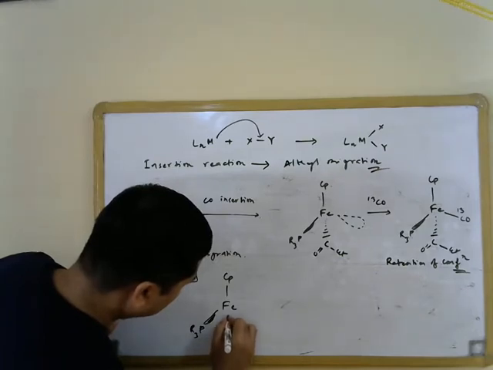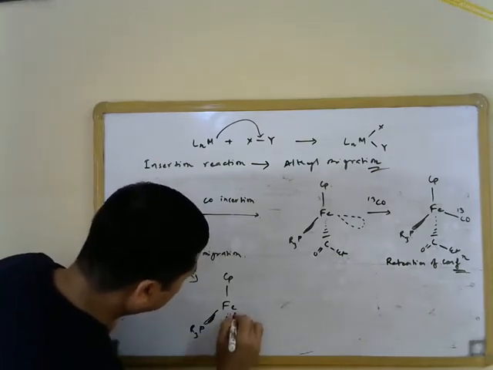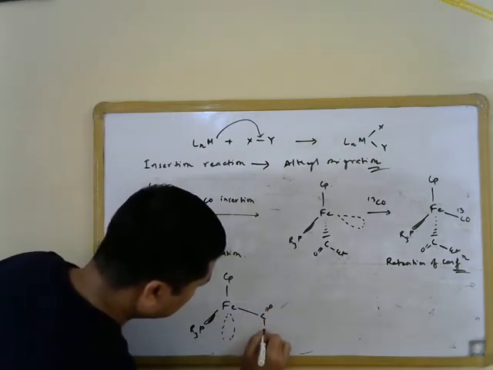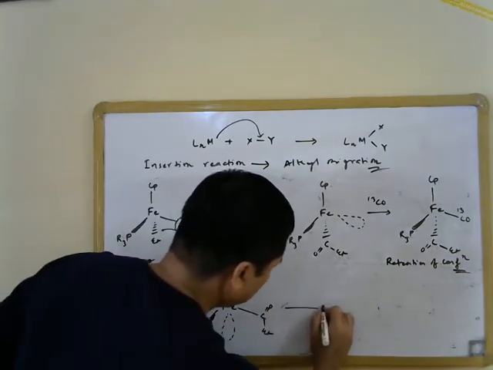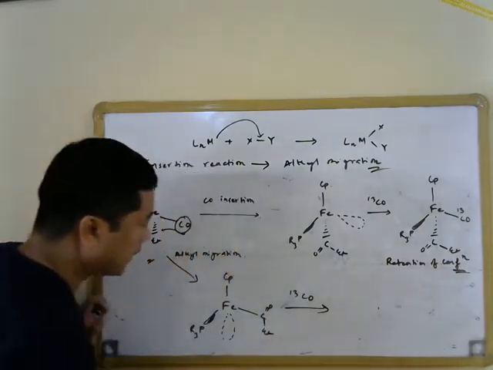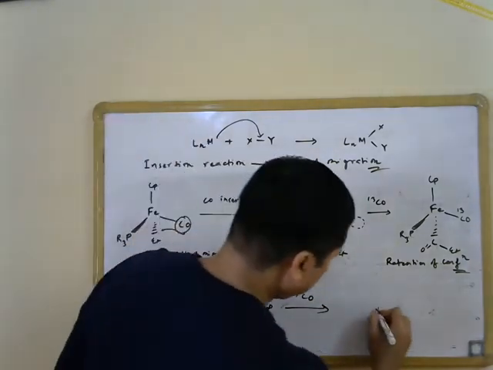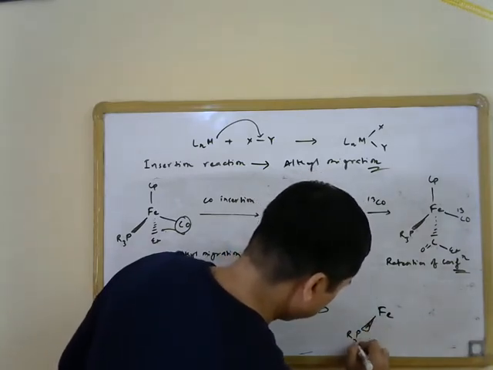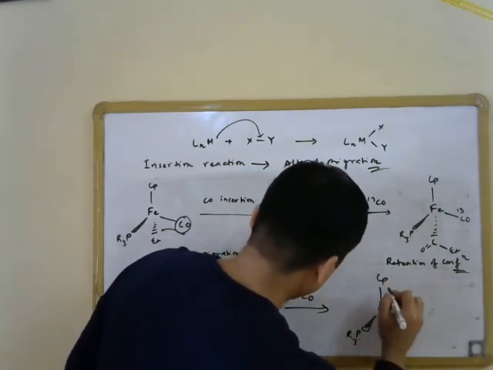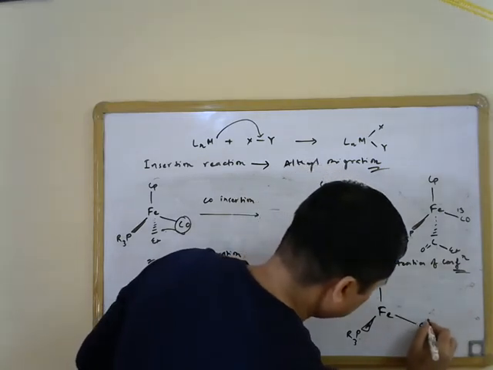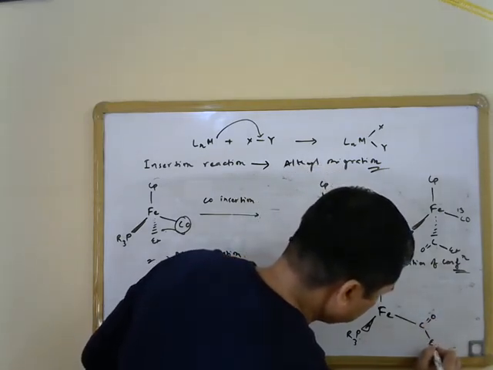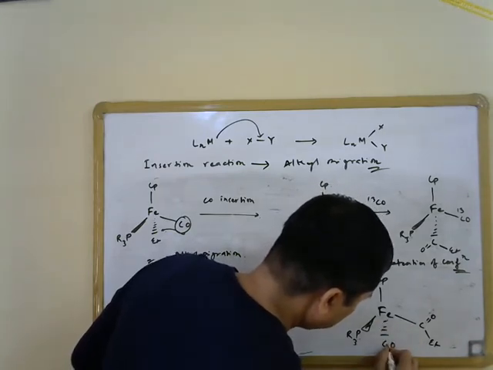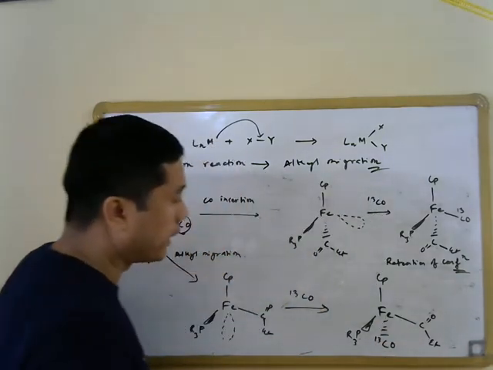Now the vacant coordination site is going to be produced where the ethyl group was present, and when the tagged carbonyl group comes and attacks, it will come to this place.